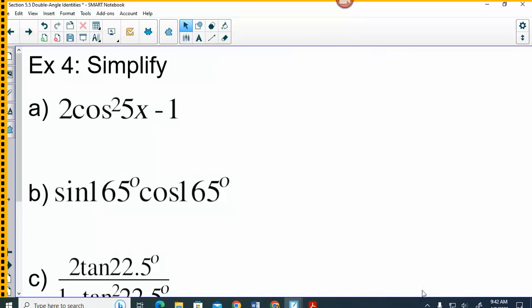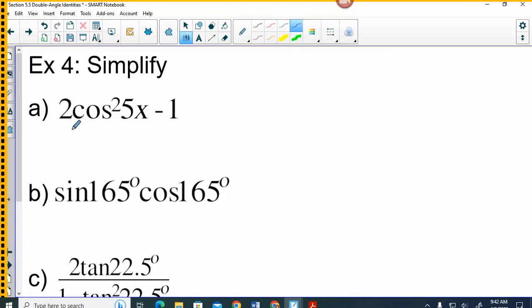All right, last one. I want to see if we can simplify something like this. So I am giving you 2 cosine squared of 5x minus 1. If you look at your formulas, that's 2 cosine squared a minus 1. And that is the formula for cosine 2a.